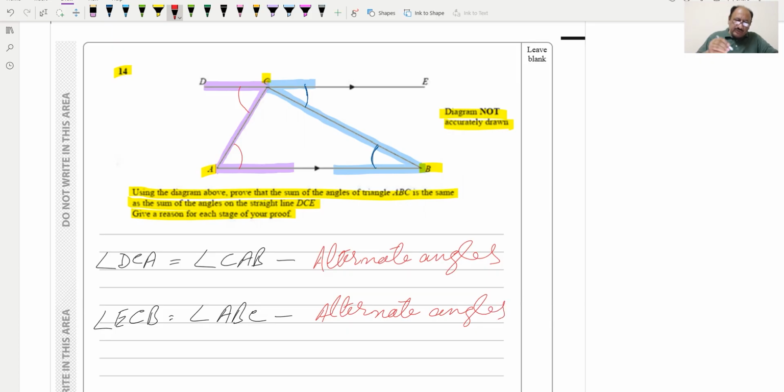These are alternate angles. Now the third angle, which is common in both.